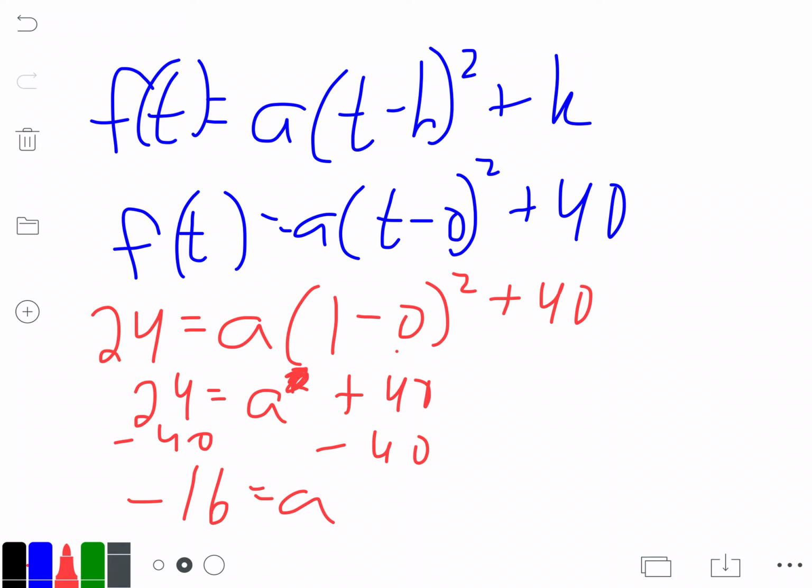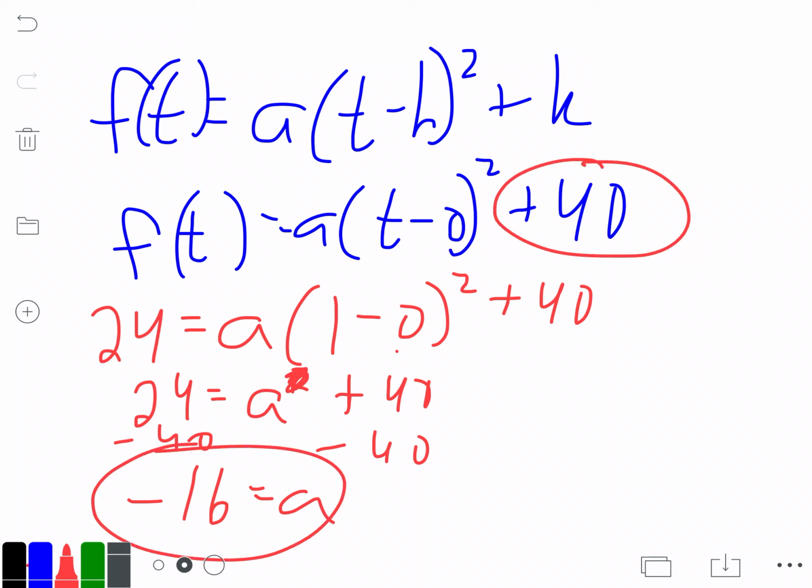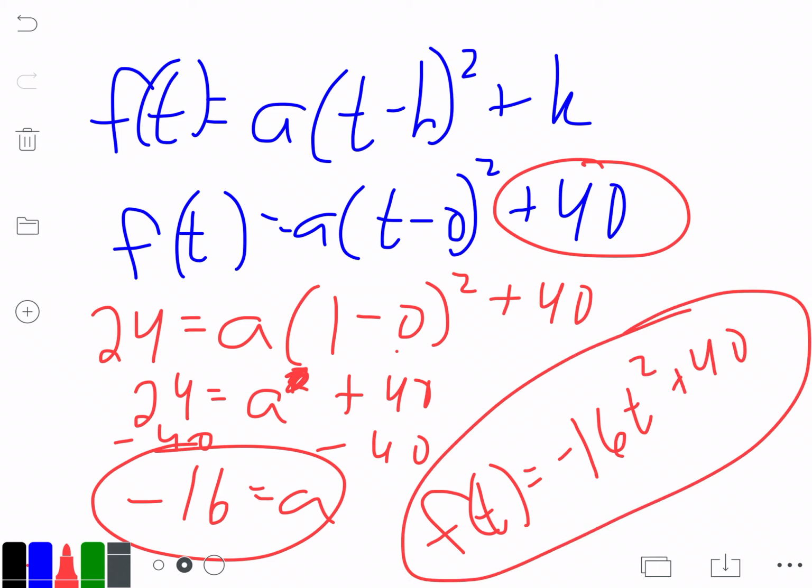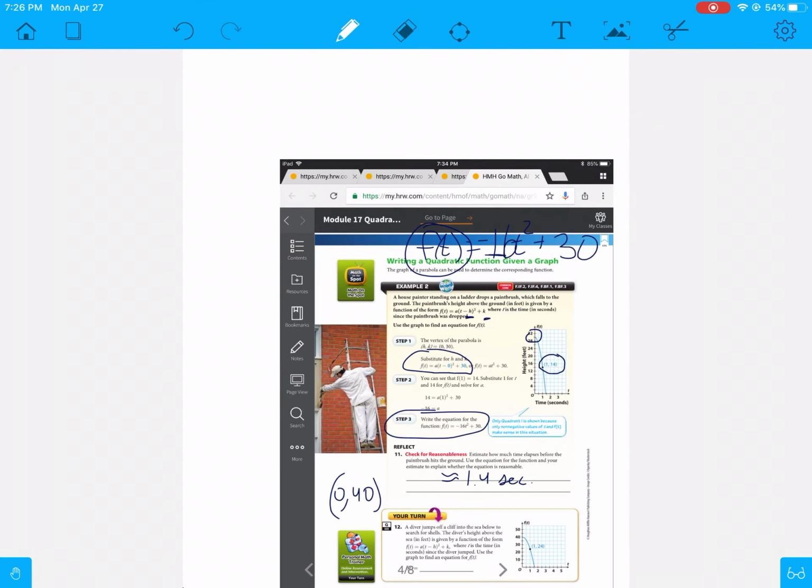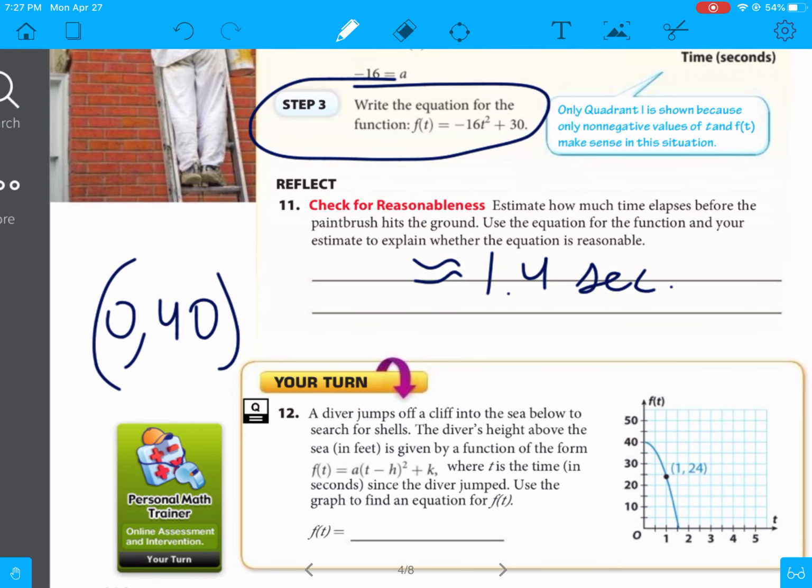So now we know what our k is already. We're going to use that, and we're going to use this. So when you rewrite it, it's going to be f of t equals negative 16 t squared plus 40. And that's the equation for number 12.